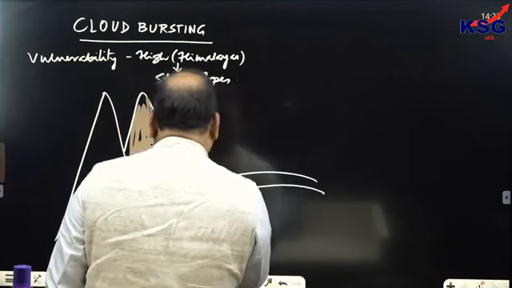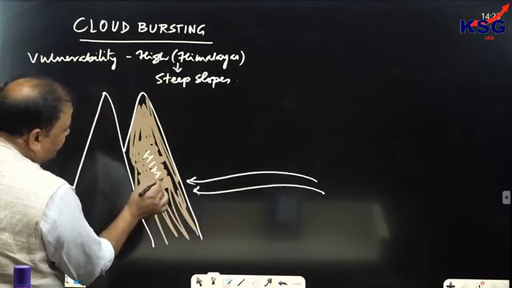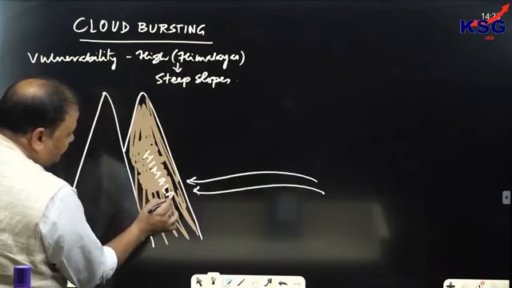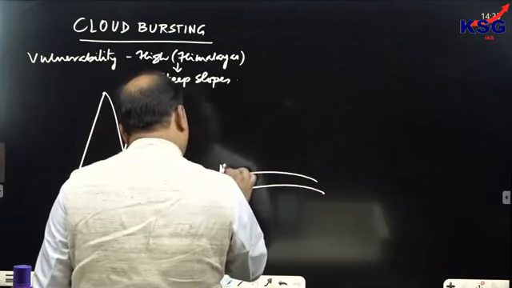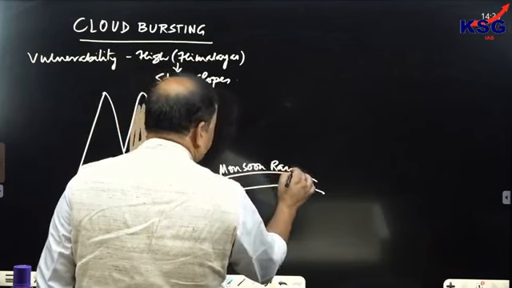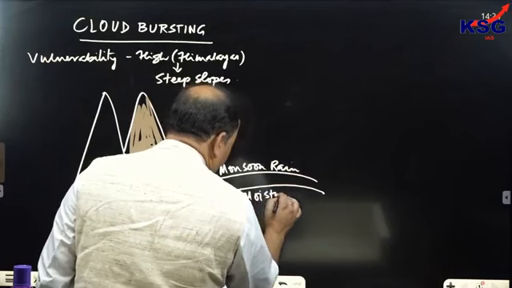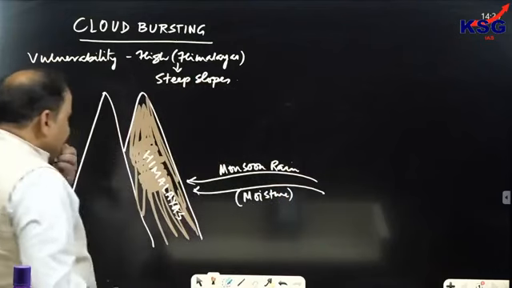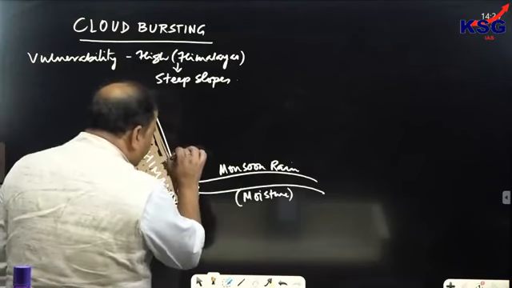This monsoon rain, which is filled with moisture, strikes the steep slopes of the Himalayas and ascends upwards.